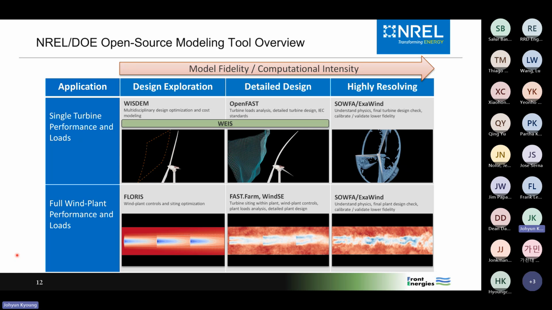And then we also have a tool called WISE that bridges between the design exploration and detailed design, at least at the turbine level. That's really for system-level optimization, combining the structural design and the control design in one package. Yeah, next slide.